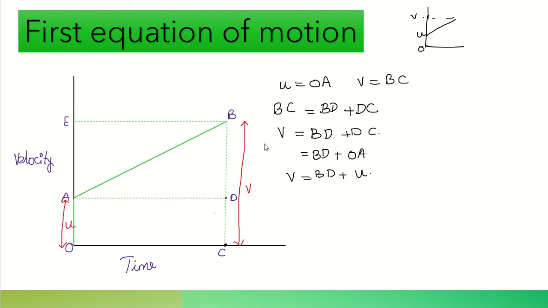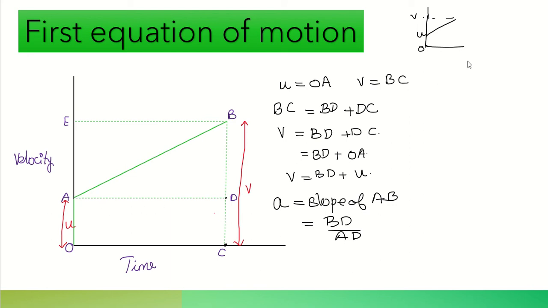We know that from velocity time graph, the slope of the graph will give you the acceleration. So acceleration a is equal to slope of line AB. What is slope of line AB? It is BD divided by AD. What is AD?